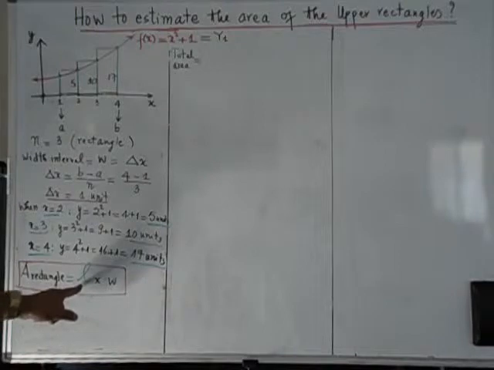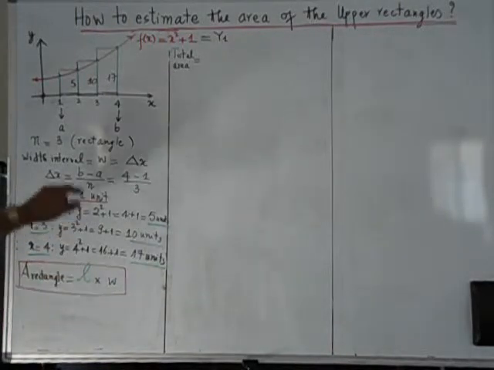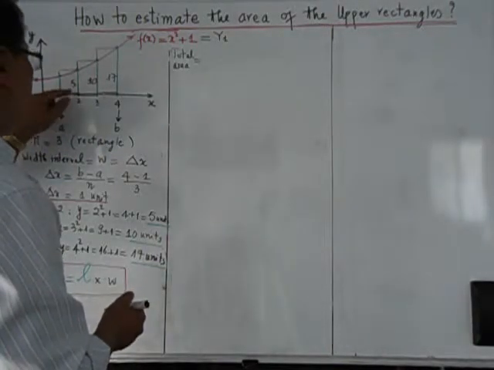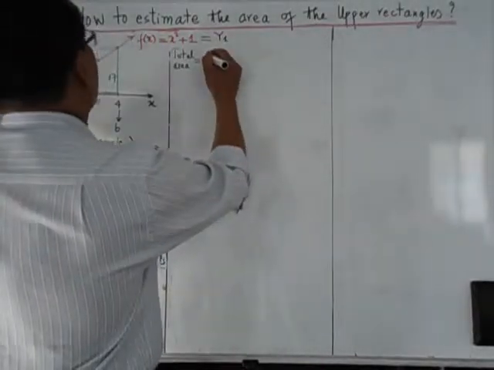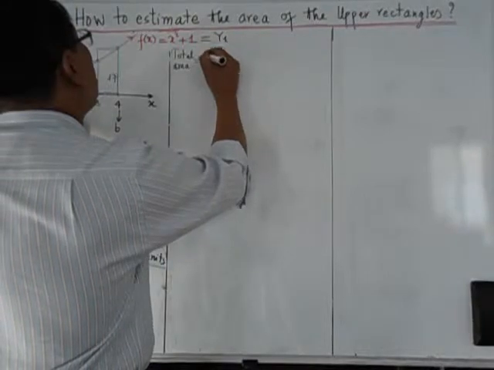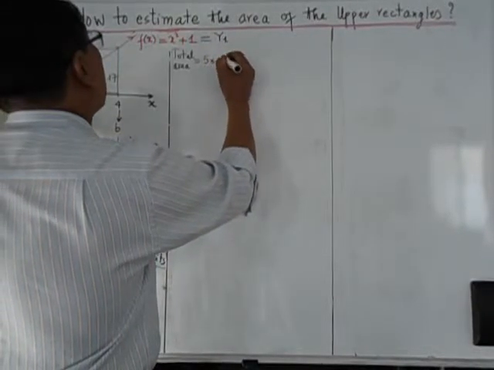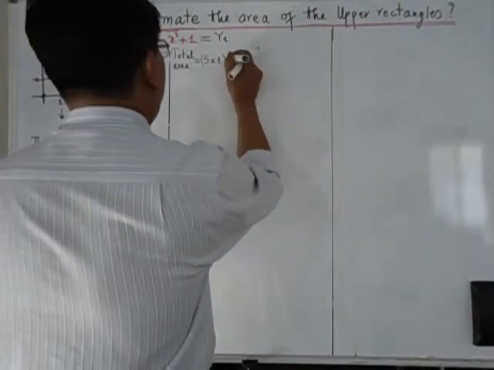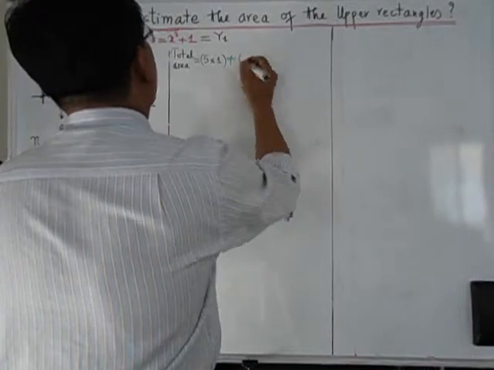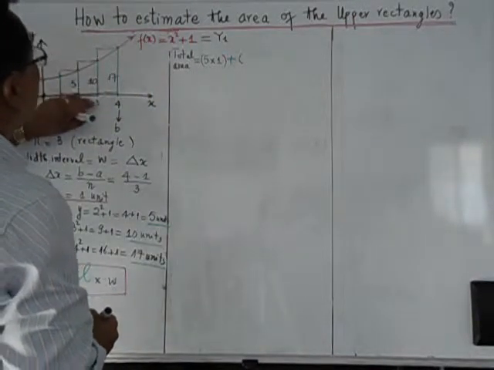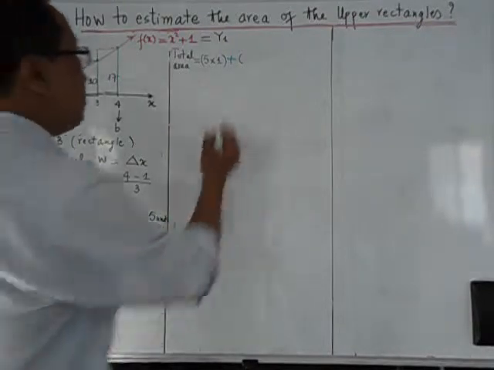So the area of the rectangle equals the length times the width. The length of the first one is 5, it means f(x) when x equals 2, y equals 5. And we add another length, 10 times delta x, which is 1.